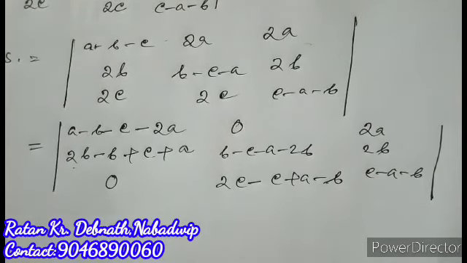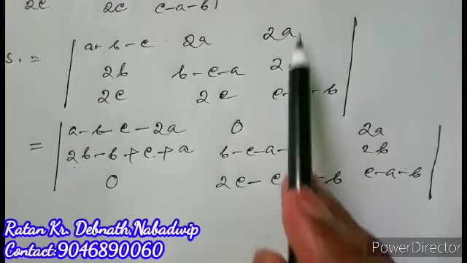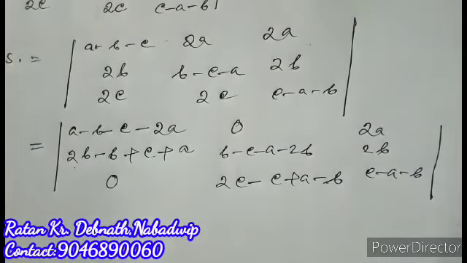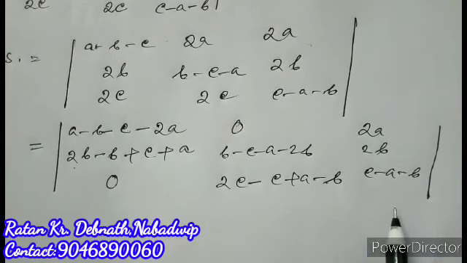Here I got the first column by subtracting the second column from the first one, and the second column by subtracting the third column from the second one, and the third column remains unchanged.